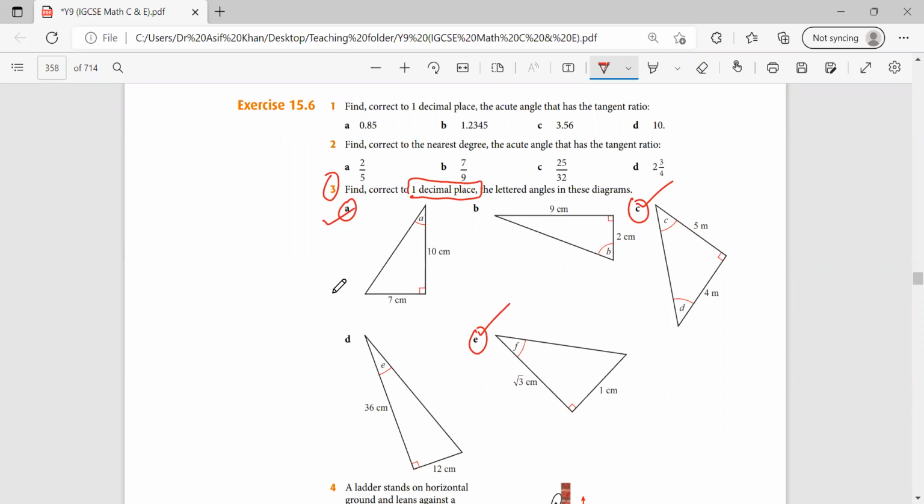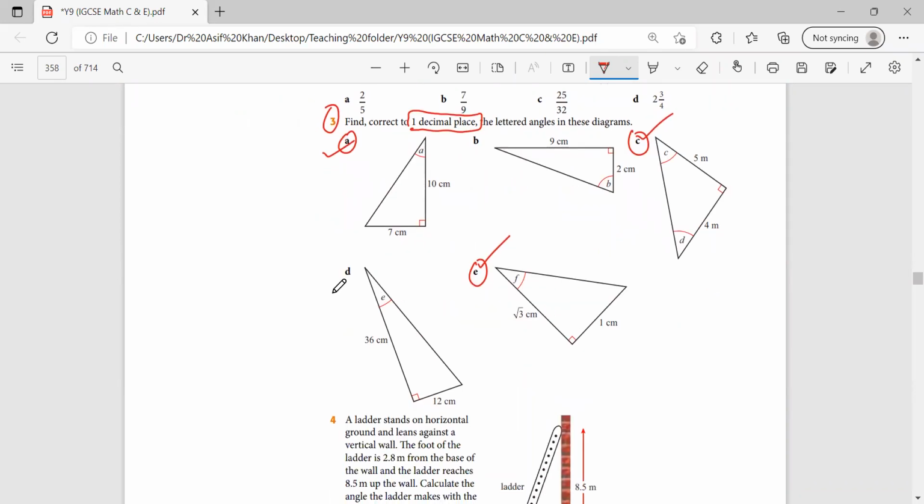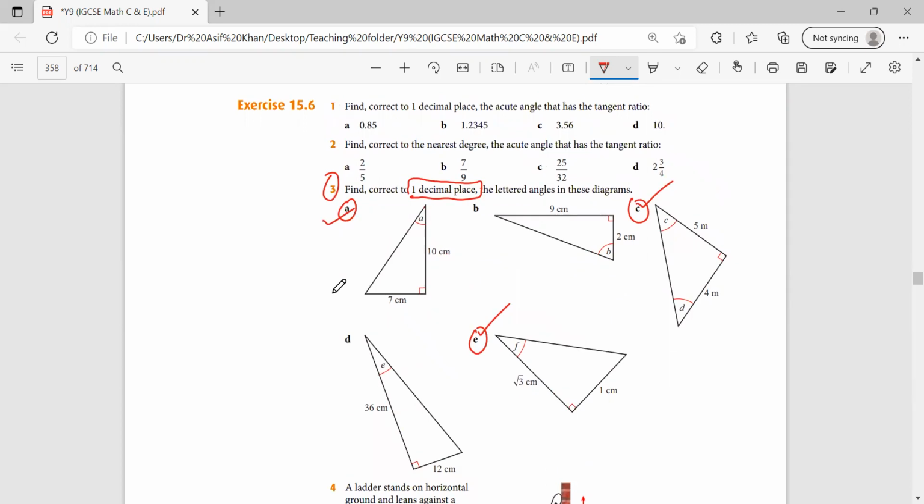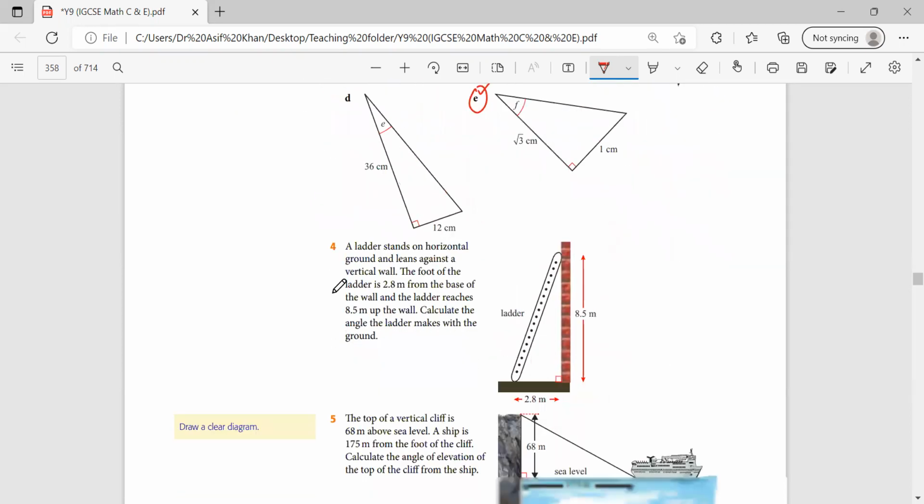I am talking about the physical book. No, I don't have it. Okay, you have taken the screenshot, Rehan? Question 3, parts A, C, E. I sent the screenshot. Okay, I will share it with you, Abdullah, also.